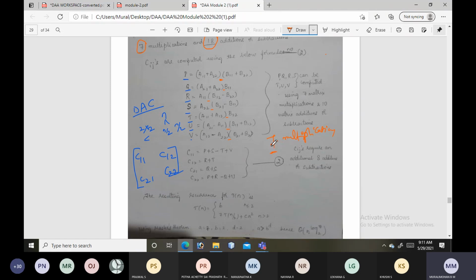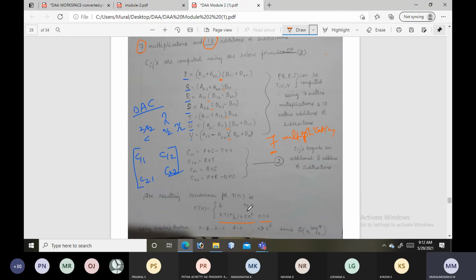What is the time complexity here? Previously it was 8T, now it is 7T of n by 2 plus cn square. This is with respect to Strassen's matrix multiplication. Why? Because he is reducing the multiplications to 7, so instead of 8T we are getting 7T of n by 2 plus cn square, if n is greater than 2.